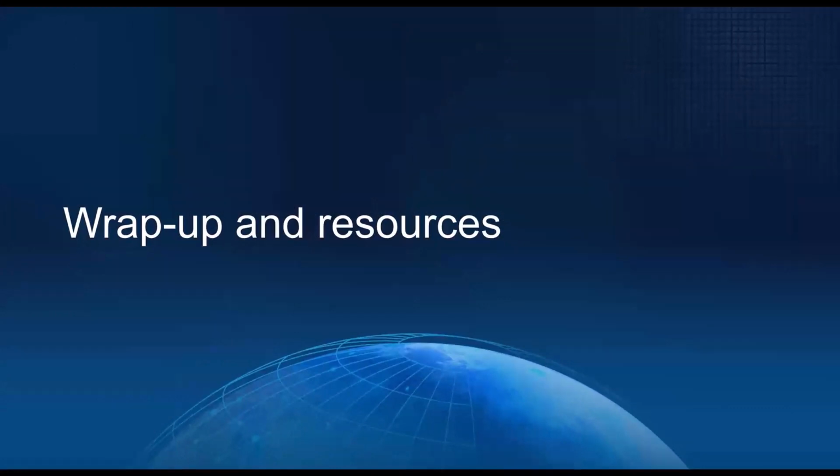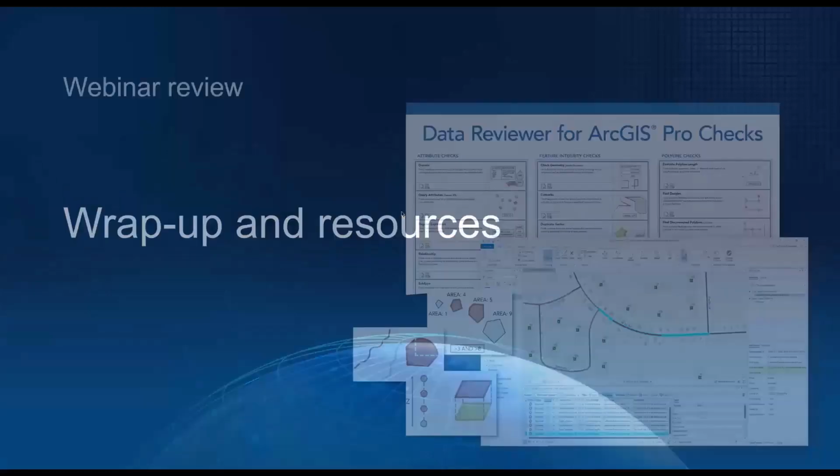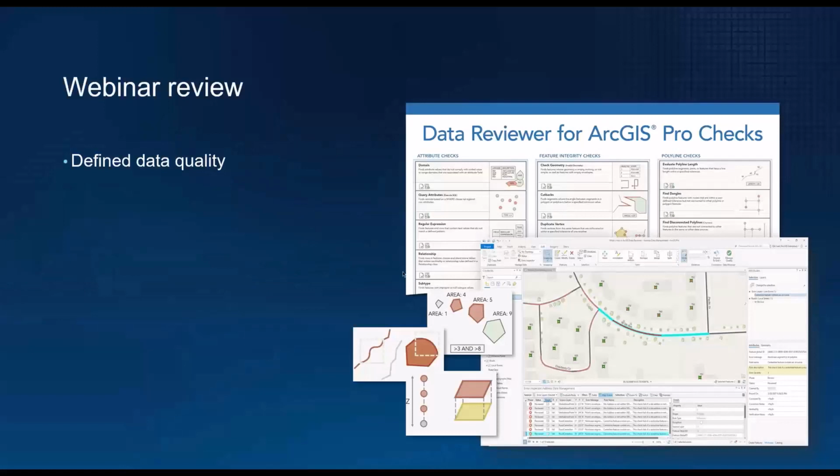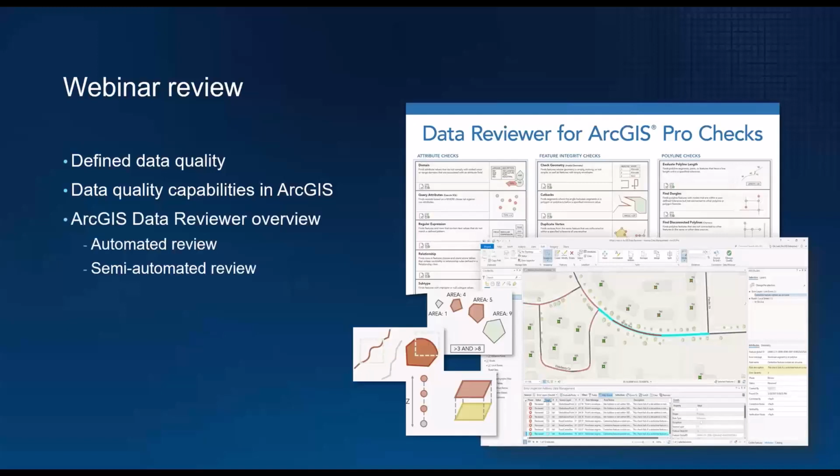All right, while we're looking for the questions, let's go ahead and wrap up here. So in today's workshop, we spent some time defining data quality, what it was, and different ways of breaking it down based on the ISO standard. We talked about a lot of capabilities in ArcGIS to help you maintain and improve data quality.